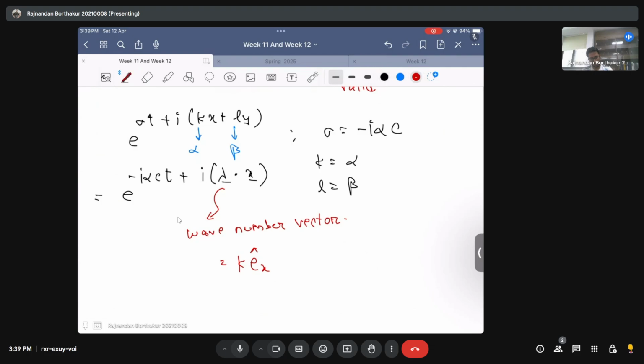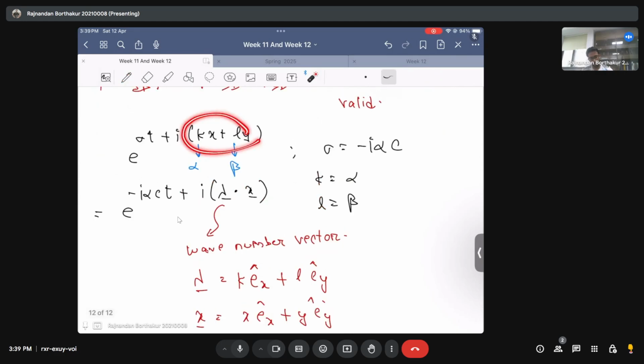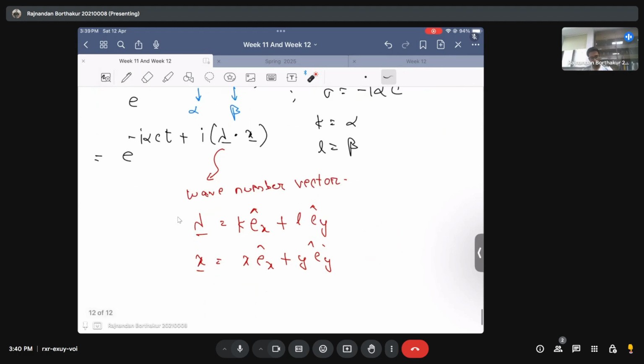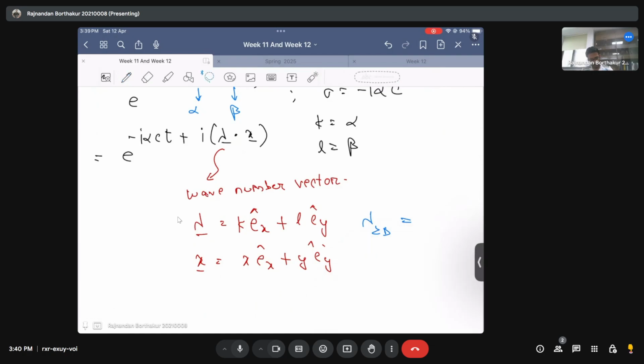So I can write lambda bar as k ex plus l ey, and my x bar, the position vector, is just x ex plus y ey. What you saw here is the dot product between lambda bar and x bar. And now for the 2D disturbance, my lambda 2D will just be equal to, oh, I just missed one step.